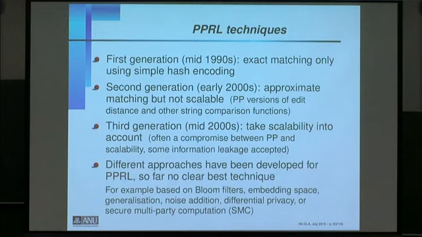There are also other techniques. In the mid-2000s, researchers had to look at the scalability issue, so they looked at blocking techniques. How can we do blocking in a privacy-preserving way? Again, there are different ways of using hash encoding, and there are 30-odd techniques which use a combination of existing privacy techniques.